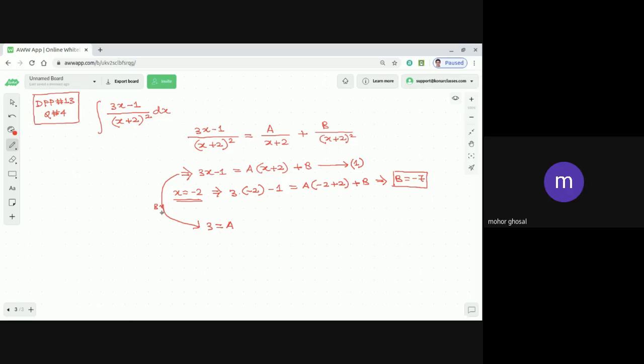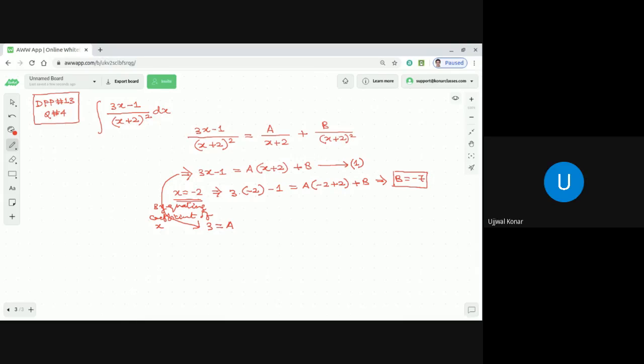I was substituting b equals minus 7 and got this. Okay, now I understand. By the way, we have not done anywhere that after finding the value we substitute back. But if we substitute also, no problem. Apply b equal to minus 7, then 3x minus 1 should be a into x plus 2 minus 7.